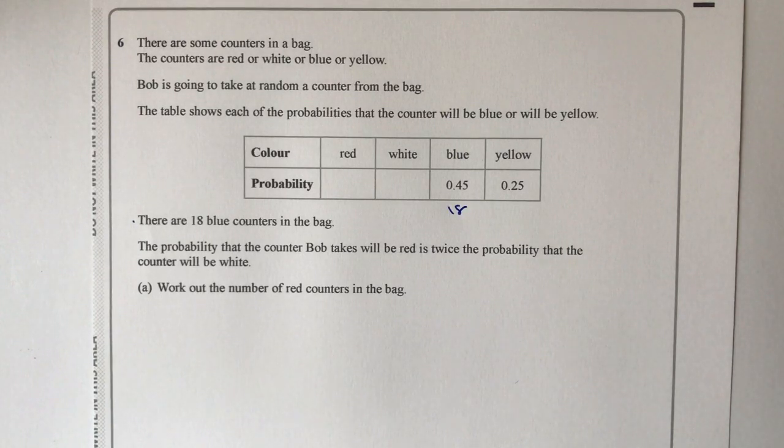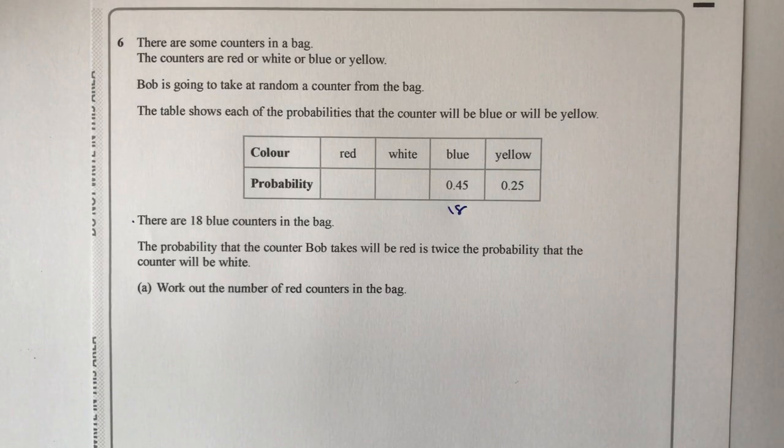Now, if that is the case, it allows us to work out the total number of counters in the bag, because the probability of taking a blue is 0.45, so it's 0.45 times the total number of counters. In other words, nearly half of the counters are blue.